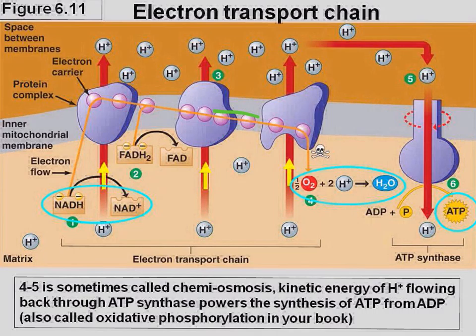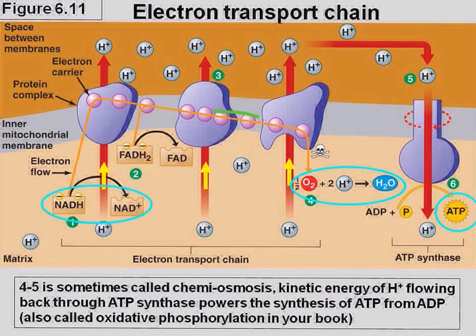The movement of electrons through the membrane is taken care of by the 2 mobile electron carriers, UQ and cytochrome C. Ubiquinone, or UQ, carries electrons from NADH dehydrogenase to cytochrome BC1, complex 3.